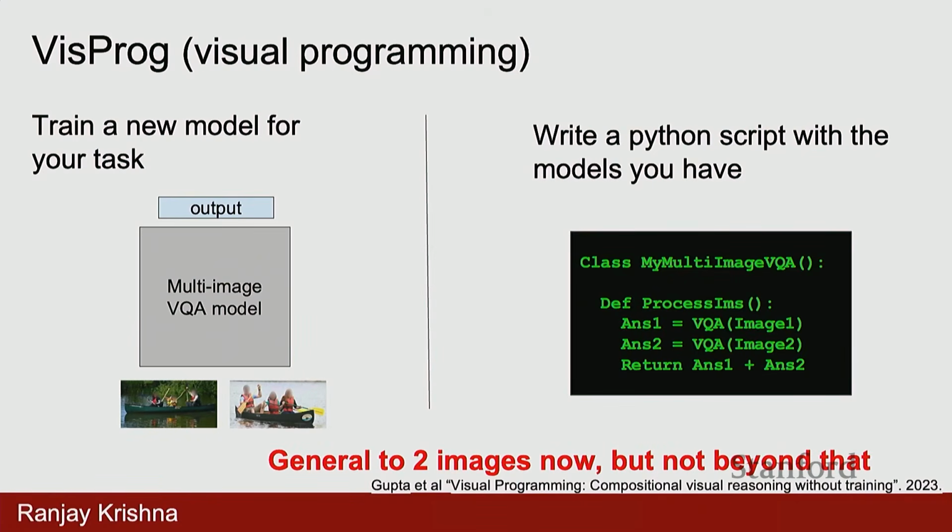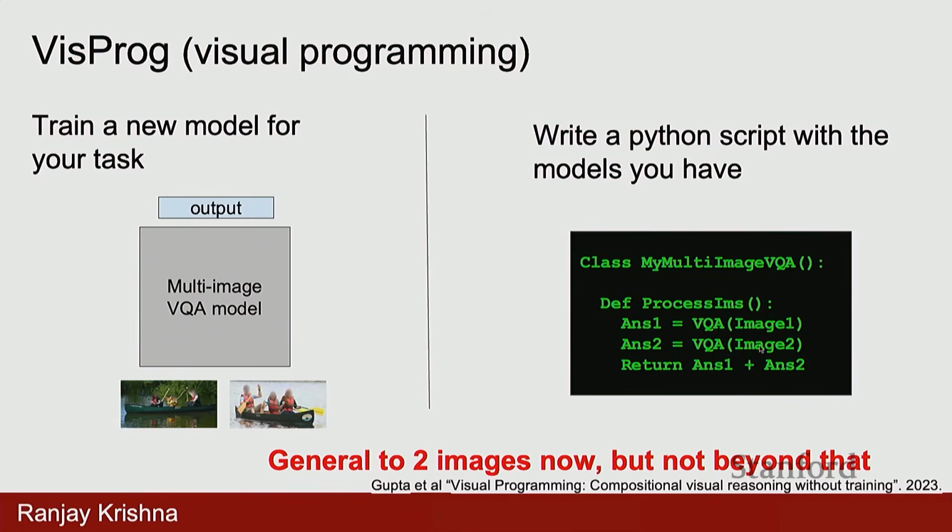In this VisProg paper, the visual programming paper, the idea was that you take any image or any sort of question and you generate a program. You generate a program that says, answer something about image 1, answer something about image 2, and then combine those answers together to give you the final answer.